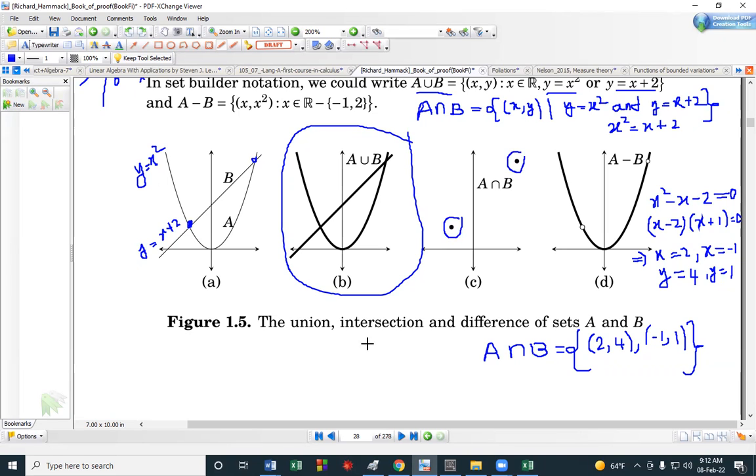Sir, for graphs, do we always have to mention the sets in this coordinate way, adding the coordinates in the set?